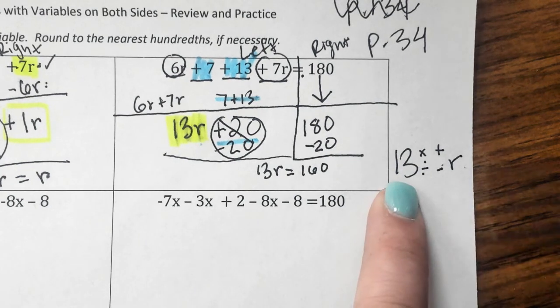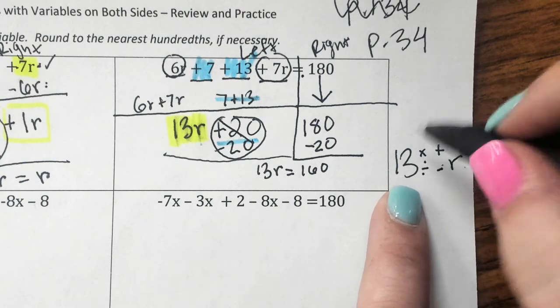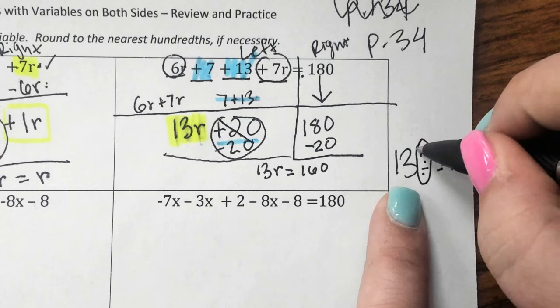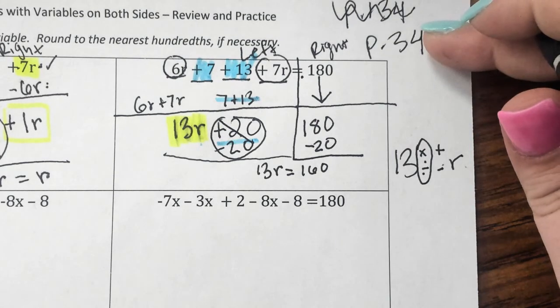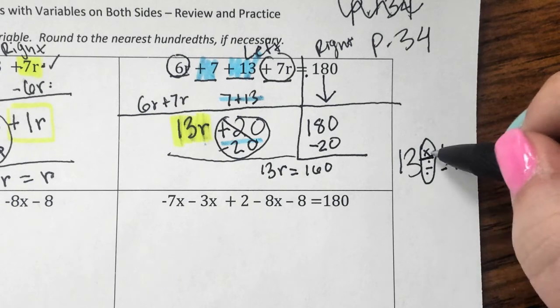So what symbol could I put between the 13 and the R? Right now, what does it say out loud? It says multiply. So what's the opposite of multiplying?